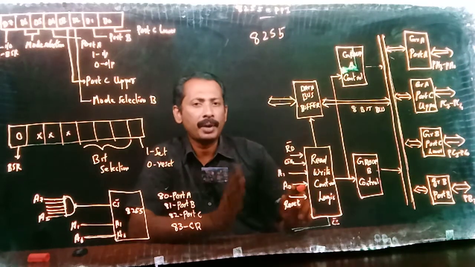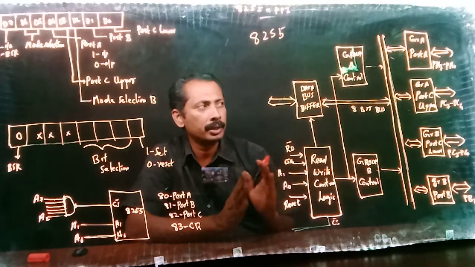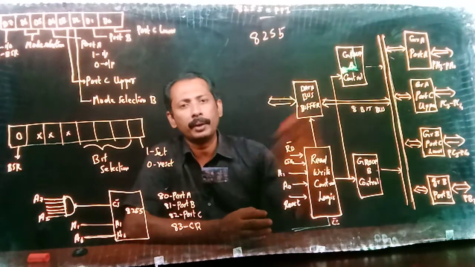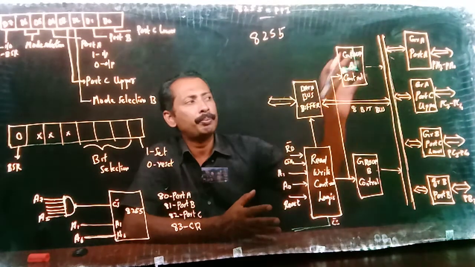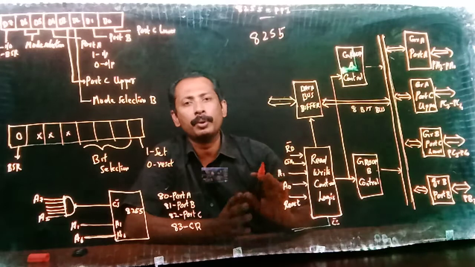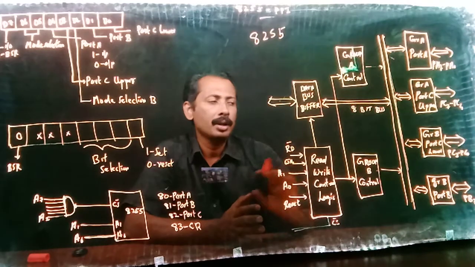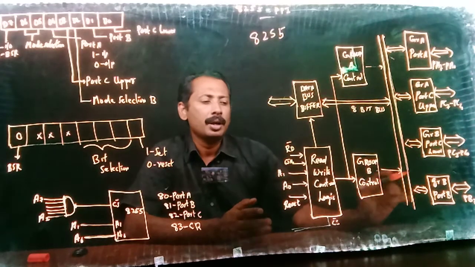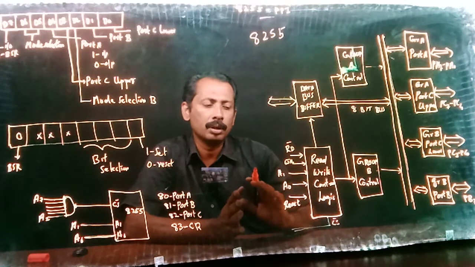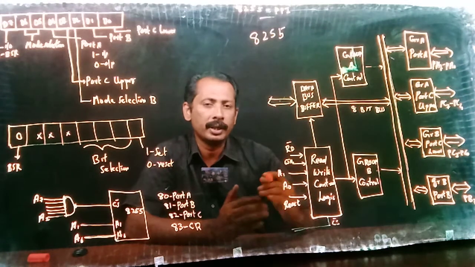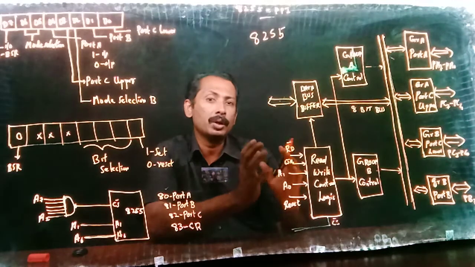So if we are planning to connect an input device to port A, then we have to tell the 8255 that port A has to work in input mode. Similarly for all other ports. For this we are using a control word.